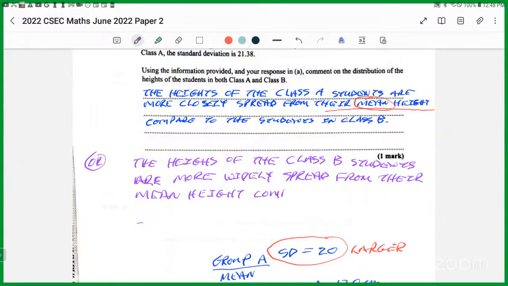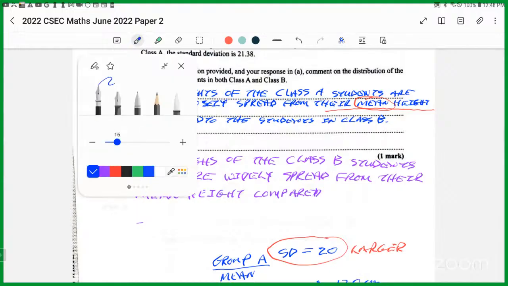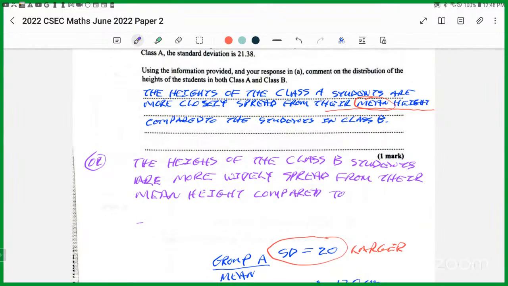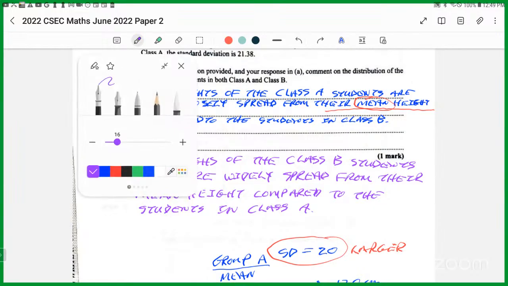Compared to the students in class B. So either of these two things is right. This or this, you're good to go. And the important thing again, I'm going to underline it. You have to say this thing.